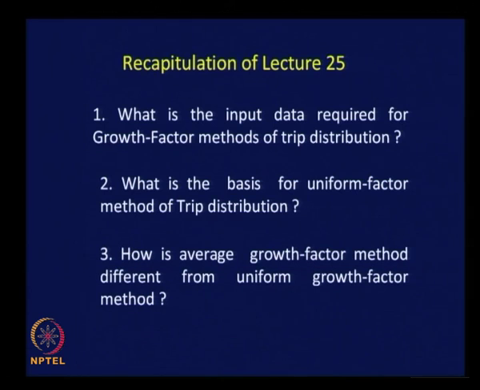Third and last question: how is average growth factor method different from uniform growth factor method? What is the difference? Any volunteer? Difference between uniform factor method of trip distribution and average growth factor method of trip distribution. As their names imply, in the case of uniform growth factor method, we assume or we consider a single growth factor for all the traffic zones.